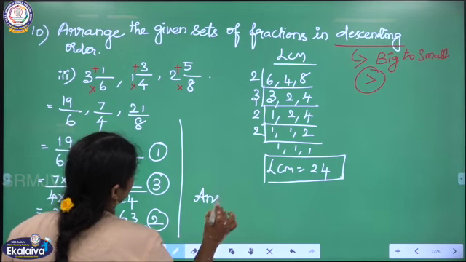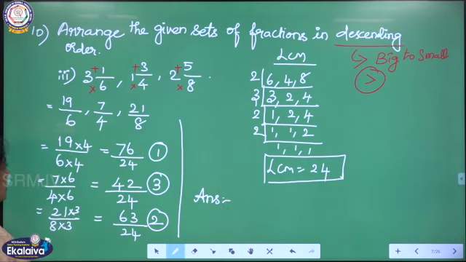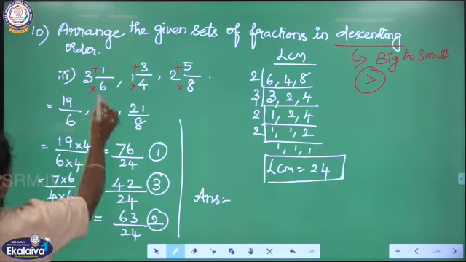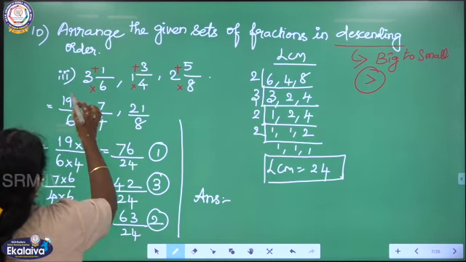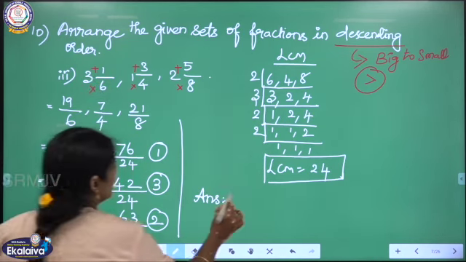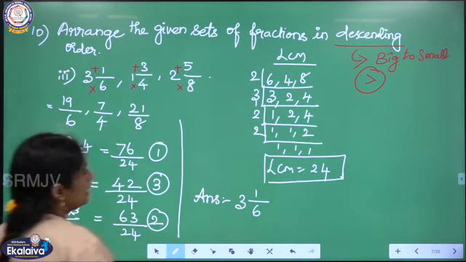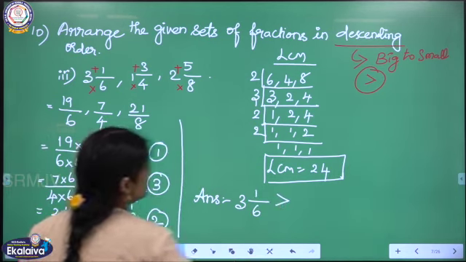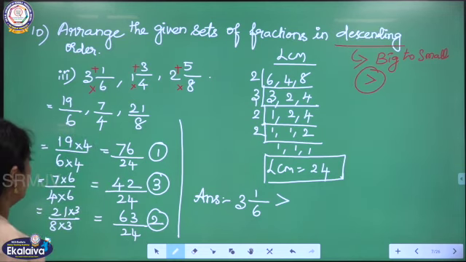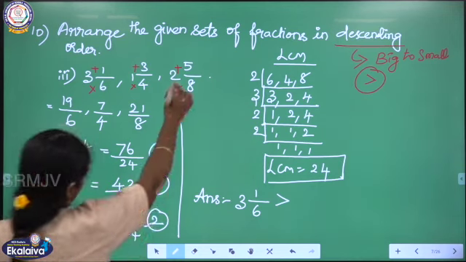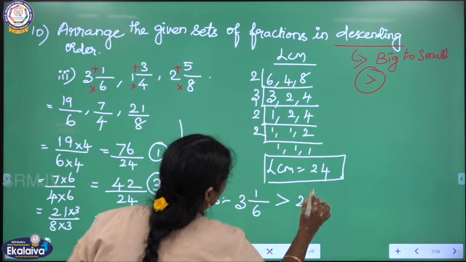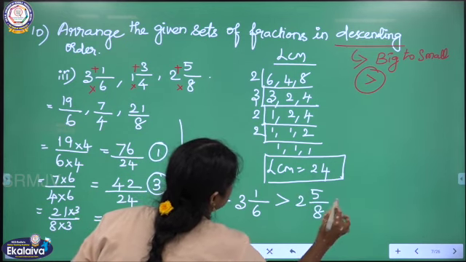Now you can write the answer. Listen, see the first one. The first one belongs to 19 by 6, and 19 by 6 is 3 1 by 6. I said to use the greater than symbol. Got it? Now see the second one, the last one, 2 5 by 8.